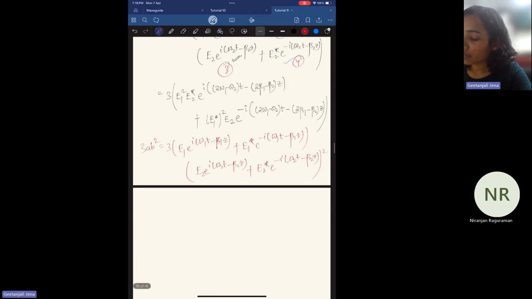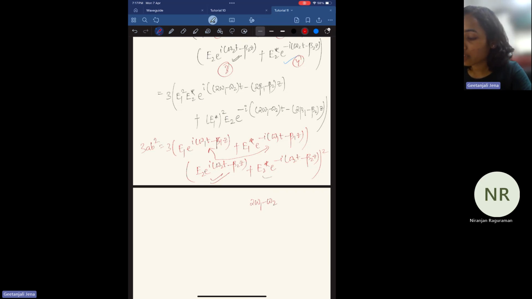So we need a term like 2 omega 1 minus omega 2. But in the term you can see the square part. So this will give 2 omega 1, and if you multiply with the first term, it will give 2 omega 2 minus 2 omega 2 plus omega 1. And if you multiply with this term, it will give 2 omega 2 minus omega 1, which we don't want.